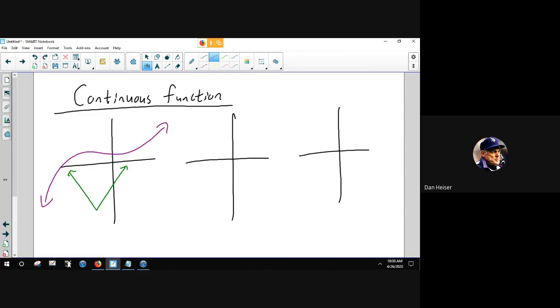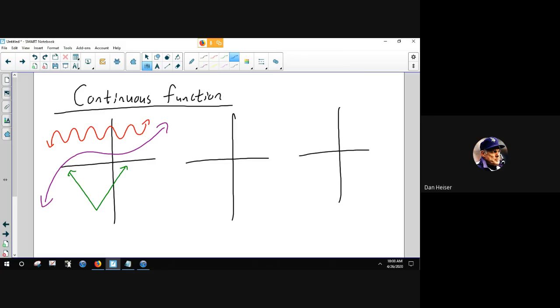Here's another continuous function. That is a sinusoidal. It is a function. All of these pass the vertical line test. I can draw their graphs in one smooth motion. Those are all continuous.